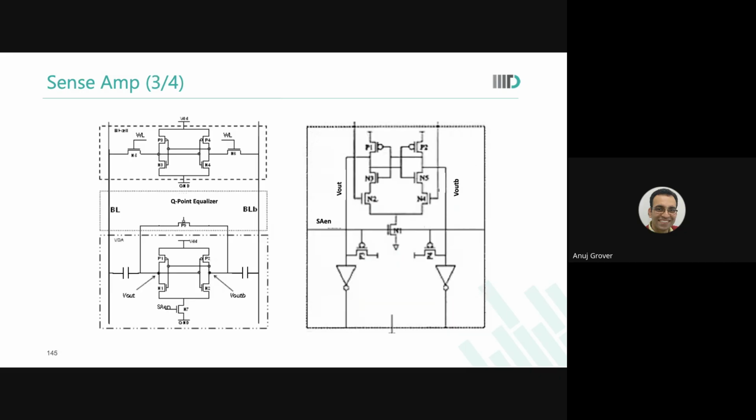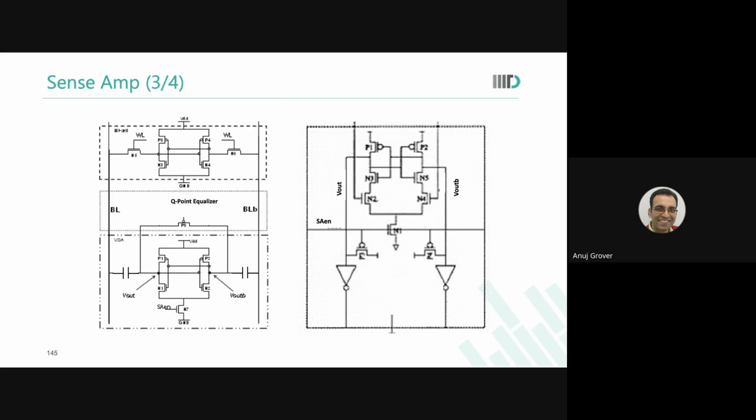Another thing you should notice over here is that in the first sense amplifier, where I had used capacitances to couple, there is no precharge on the internal nodes. There's just an equalizer. So the internal nodes of the sense amplifier need not be at VDD. They can be much closer to the Q point.